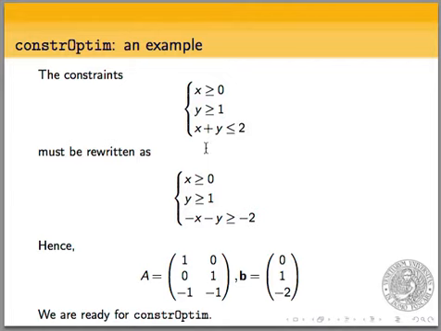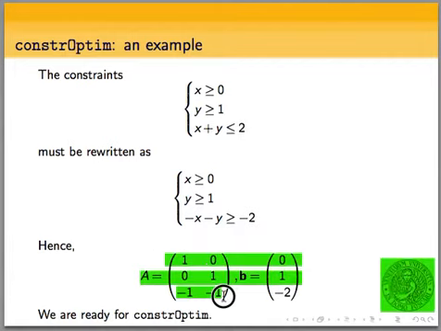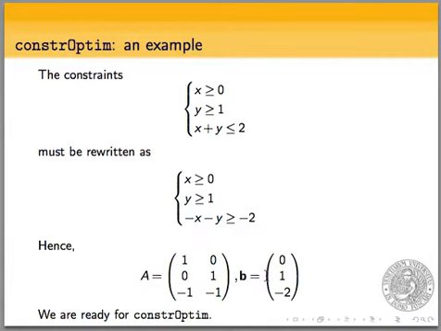So my constraints are here, and I don't have to do anything with the first and second constraint, but I must reverse the third row in order to reverse the inequality. So I have negative x and negative y bigger or equal than negative 2. It should be no surprise that you have a matrix A that you see here, and the vector B, which is 0, 1, and negative 2, as can be seen here.